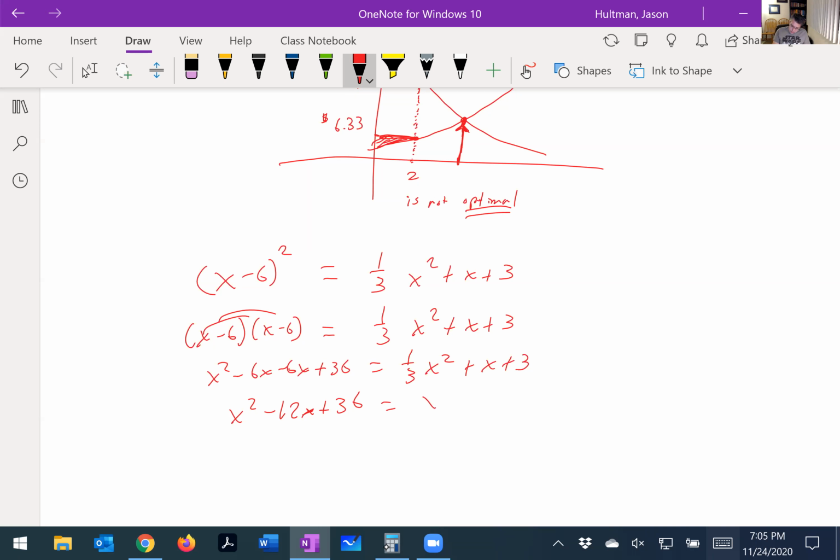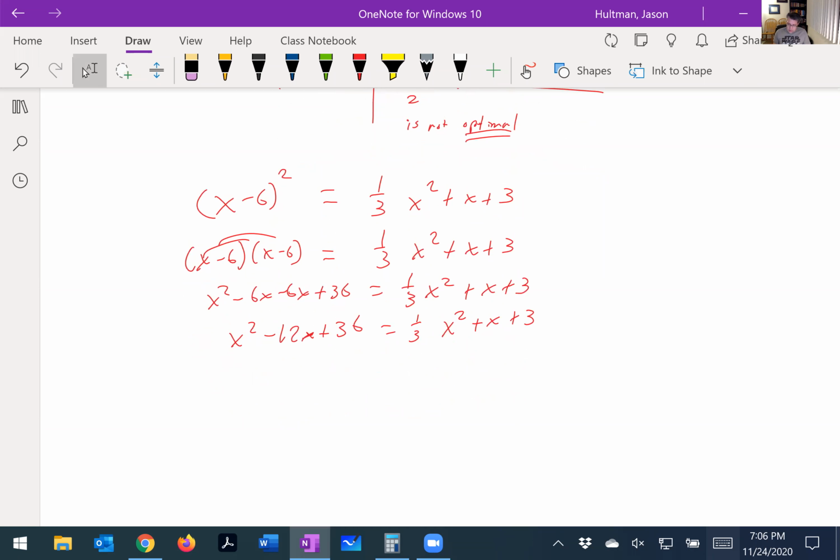is equal to 1/3 x squared plus x plus 3. So now I want to combine like terms. Okay, you can do this all at once or you can do it in stages.